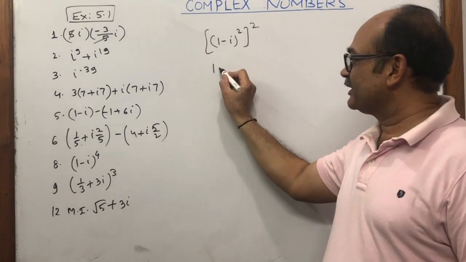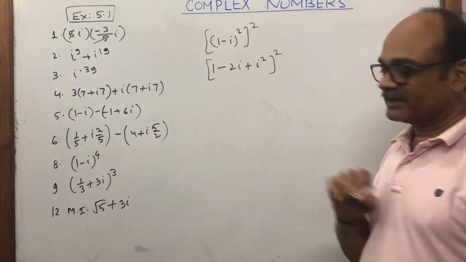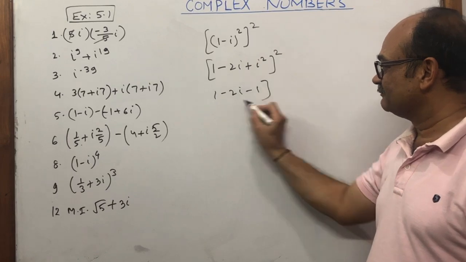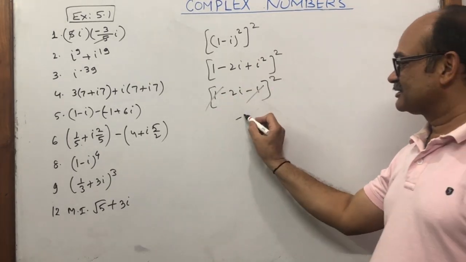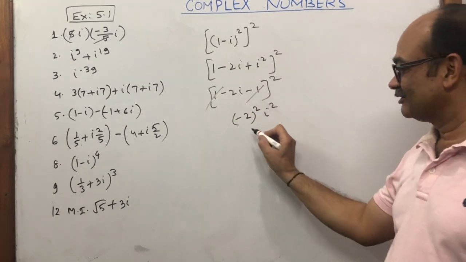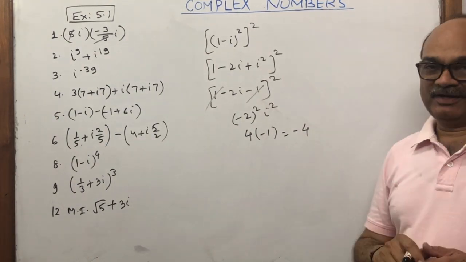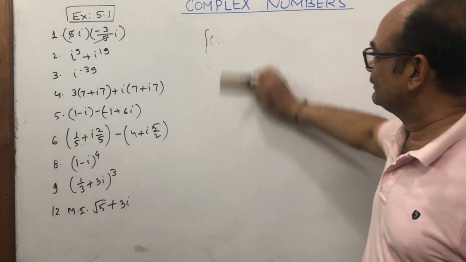And you know the whole square: a square minus 2ab plus b square. Again square. What is iota square? Tell me, what is iota square? Minus 1. Minus 2 square and iota square. What is minus 2 square? 4. What is iota square? So the answer is minus 4. Easy.